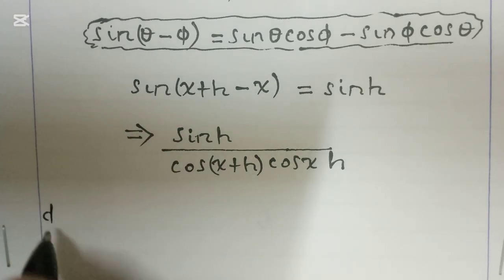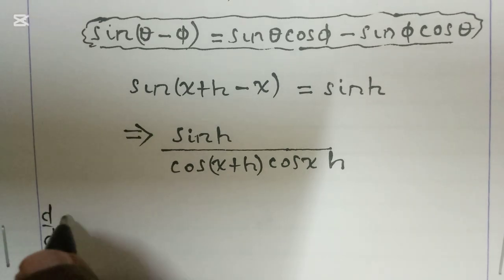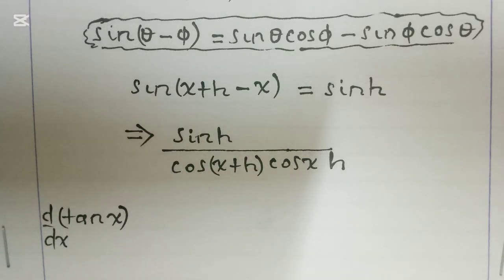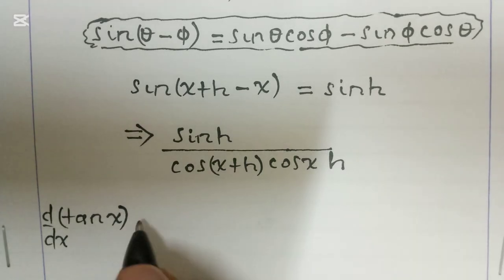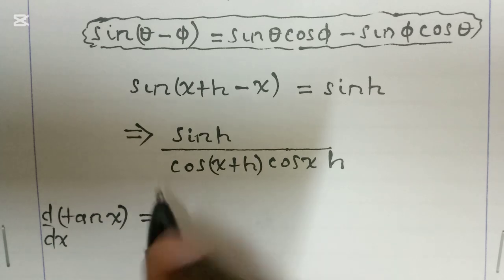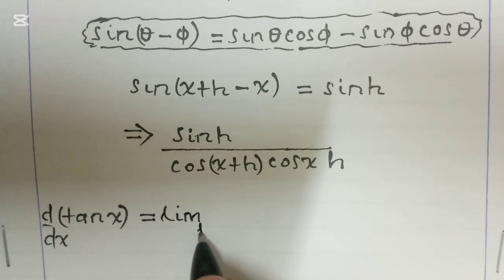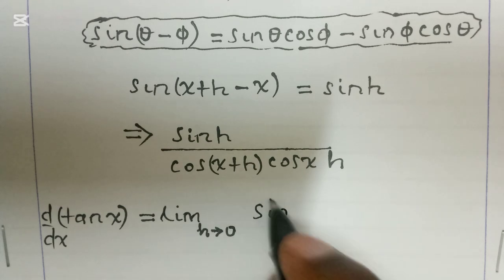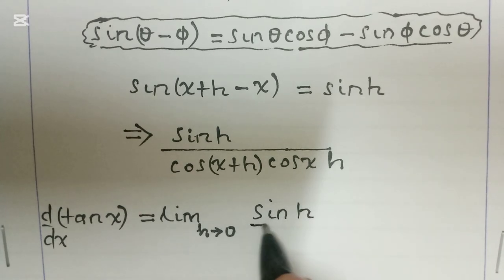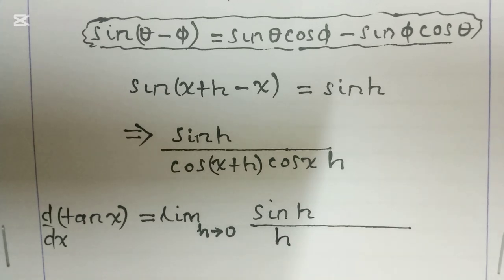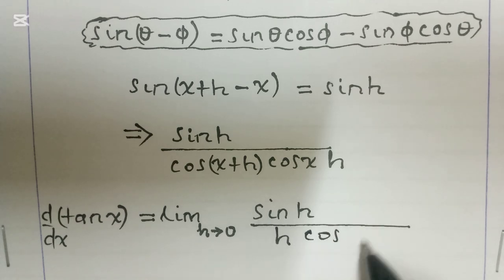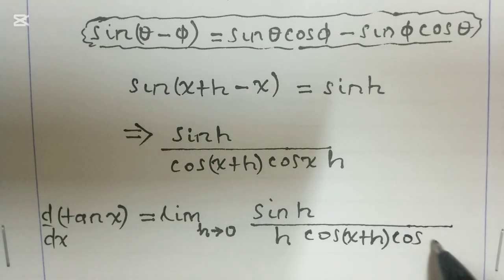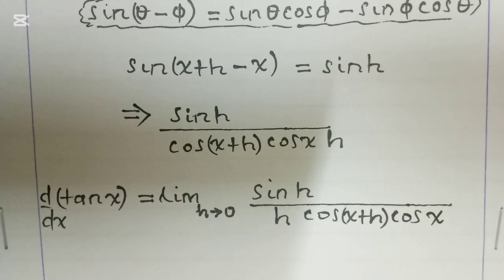We can say d over dx of tan x, because we are finding the derivative of tan x, is equal to the limit as h tends to 0 of, let me bring h up there, sin h over h, all over cos of x plus h, cos x.